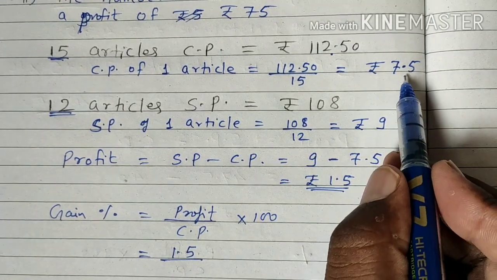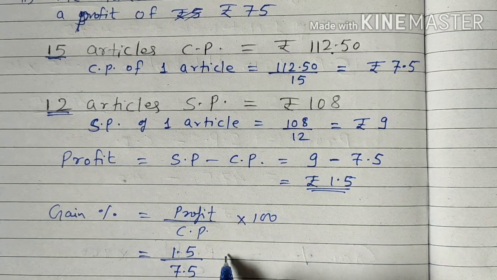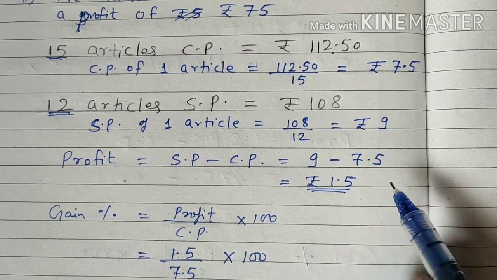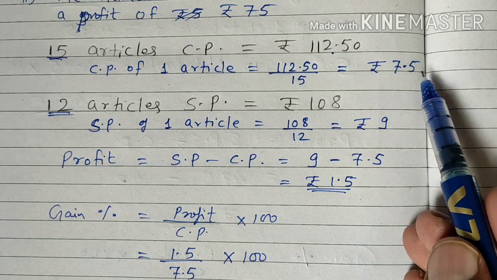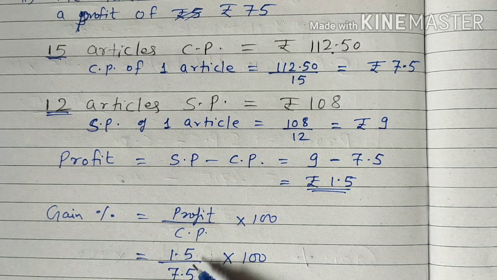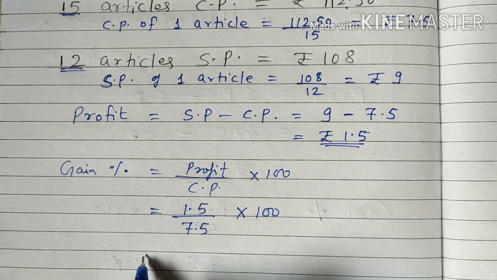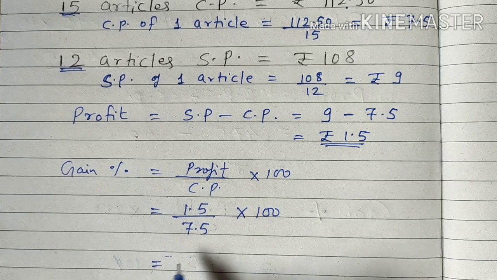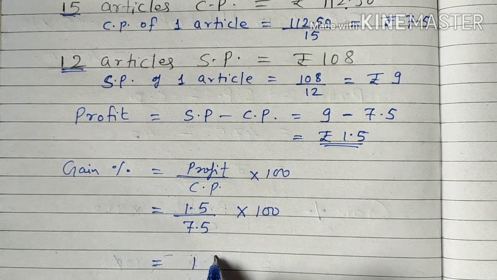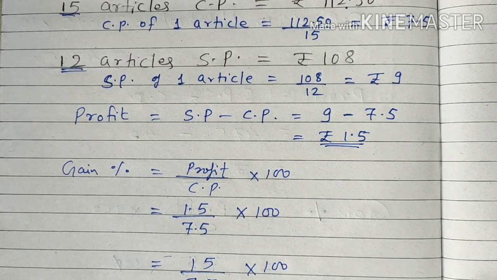What is the cost price of one article? 7.5 multiplied by 100. This is the profit of one article and this is the cost price of one article. So we have to take both values for one of the article only. Okay. As the decimals are same place, let us remove this decimal. We can take 15 upon 75 multiplied by 100.